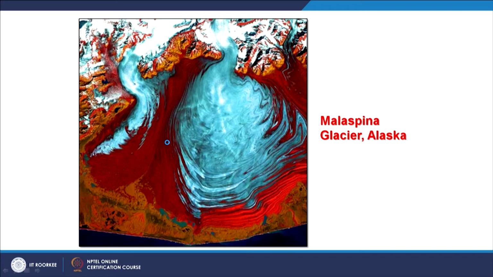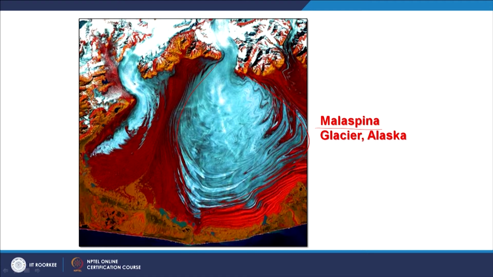This is a study about glaciers. In glacier study, the very famous Malaspina glacier of Alaska is completely fan shaped, as you can see here. Similar features are not seen in the Himalayas.